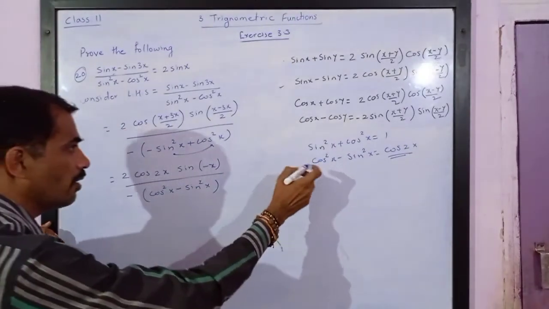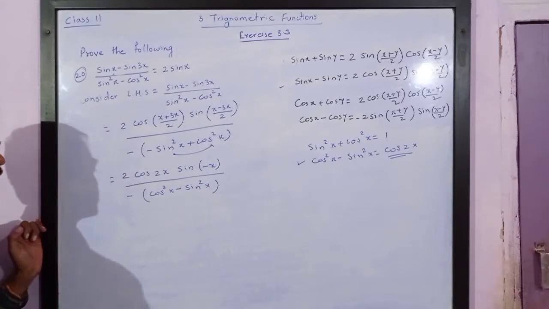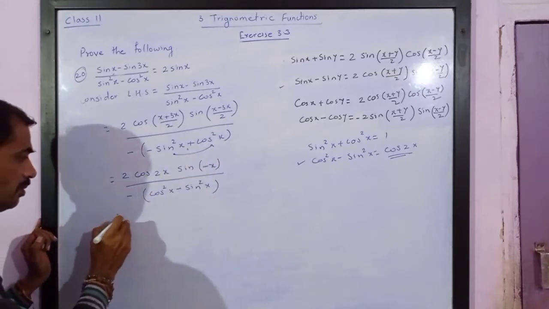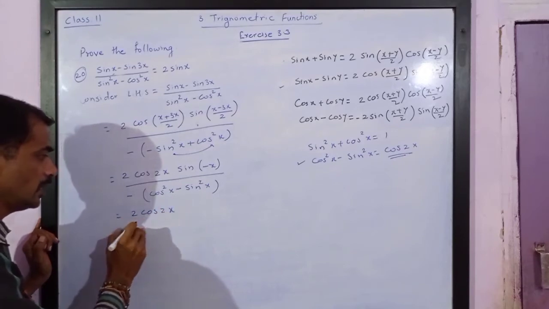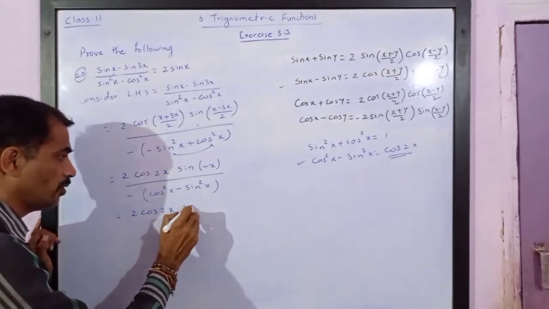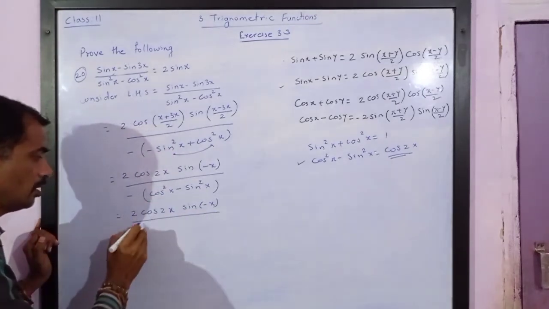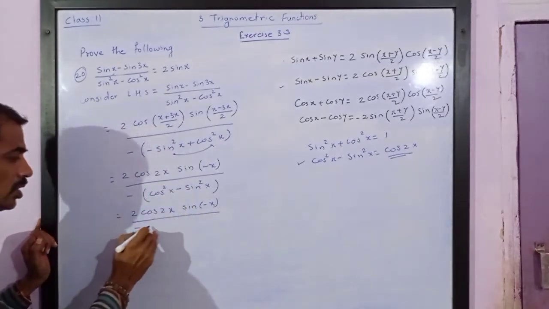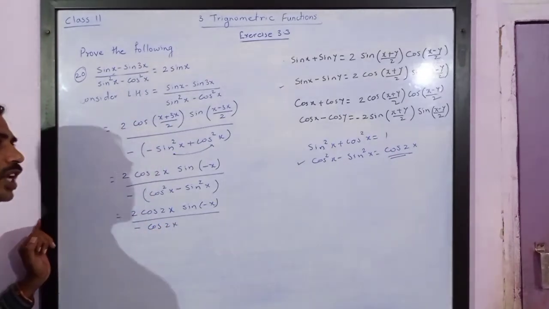Now we already have an identity for this, cos square x minus sin square x is equal to cos of 2x. So this becomes 2 times cos of 2x into sin of minus x upon minus cos of 2x. Now watch carefully.